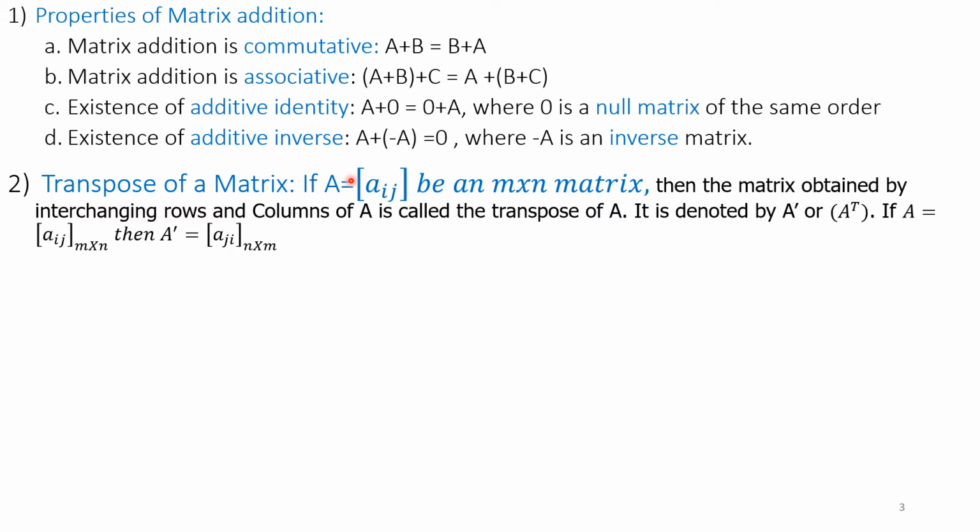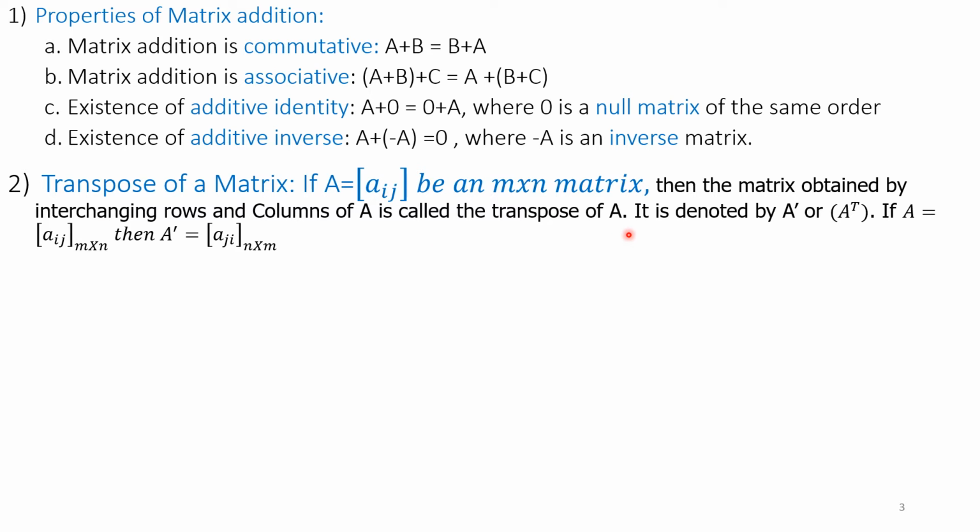Transpose of a matrix. If matrix A is equal to, within big brackets, a suffix ij, where capital A is a matrix, small a is an element, small i is the row number, and small j is the column number, and A is an m by n matrix, that is m rows and n columns, then the matrix obtained by interchanging rows and columns of A is called the transpose.